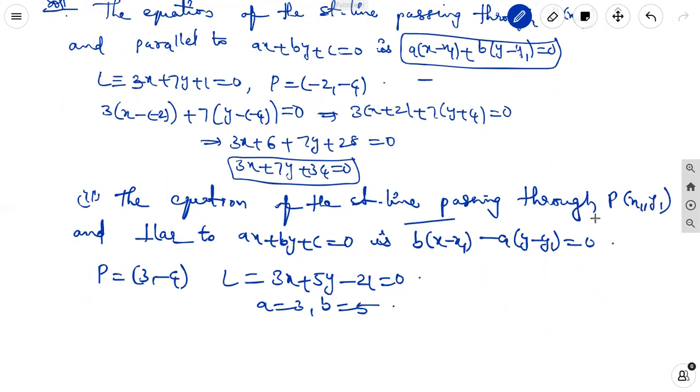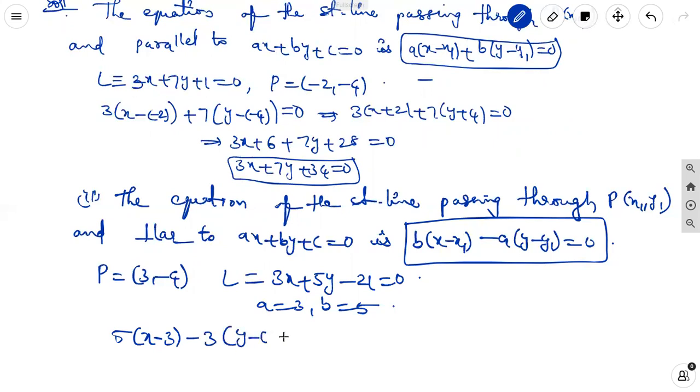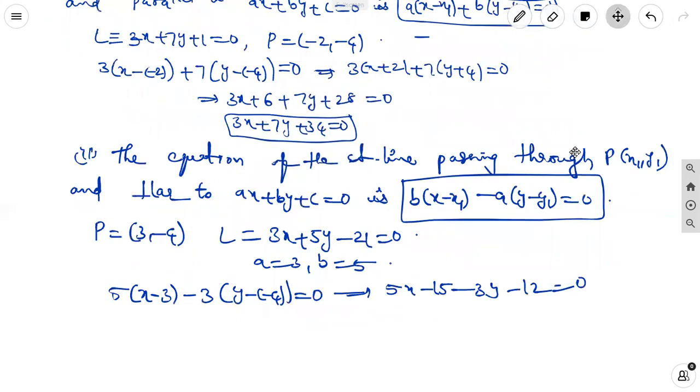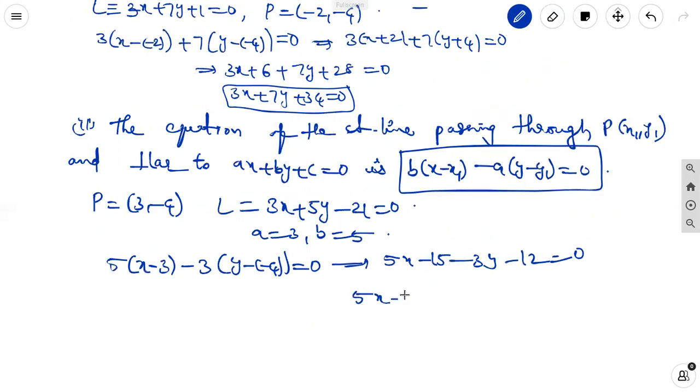This we can apply in the formula of the perpendicular to the given line: 5 into x minus 3 minus 3 into y minus of minus 4 equal to 0. 5x minus 5 threes are 15, minus 3y, minus into minus plus, 3 fours are 12, minus 12 equal to 0. So the required equation is 5x minus 3y minus 27 equal to 0.